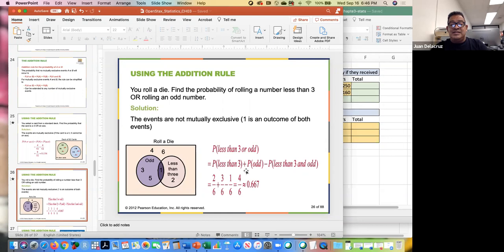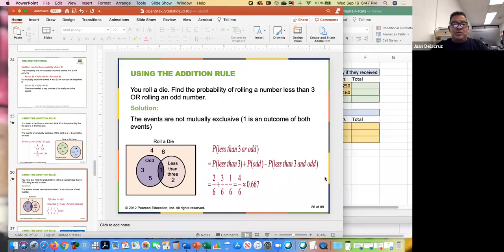The probability of an odd number is 3 over 6, because we have six elements in total, minus the probability of A and B. In this case, there is only one element in the intersection. So we have 2 over 6, plus 3 over 6, minus 1 over 6. So there is a 66% chance of rolling a number that is less than 3 or an odd number.